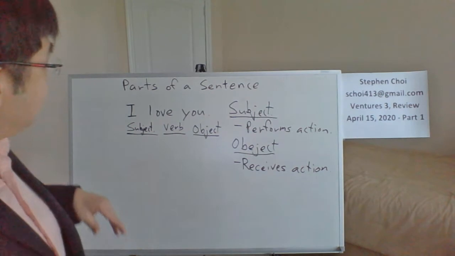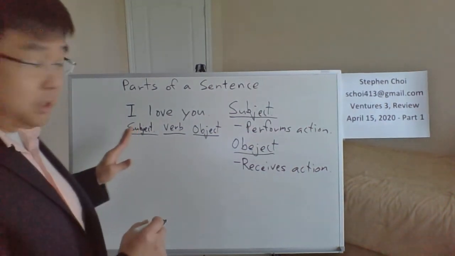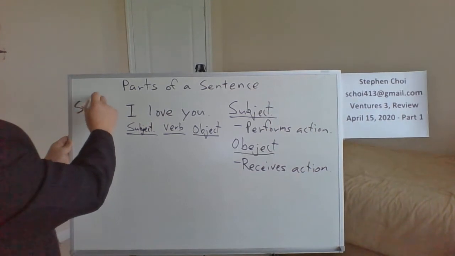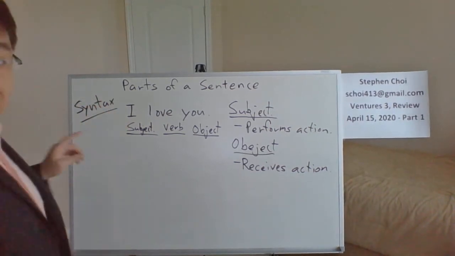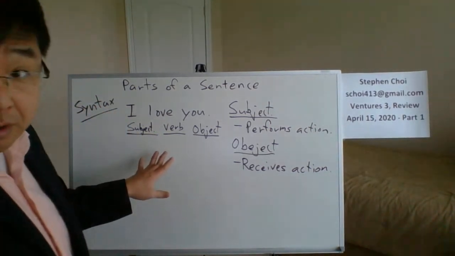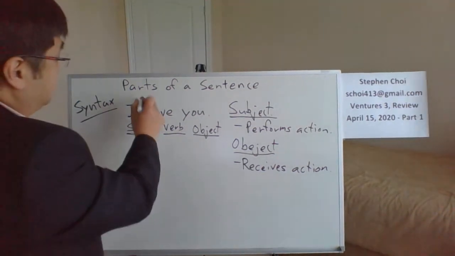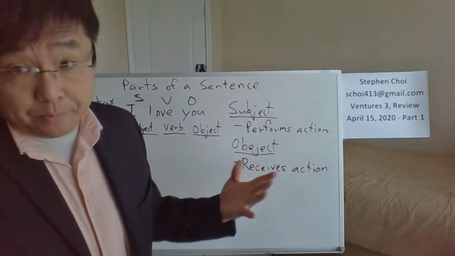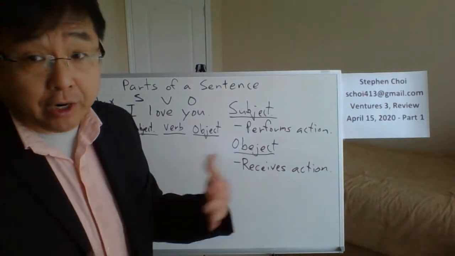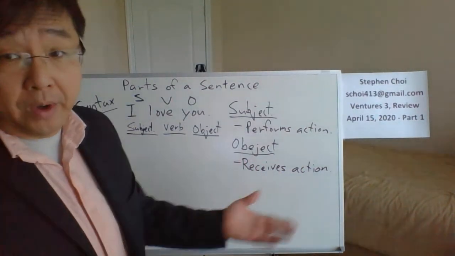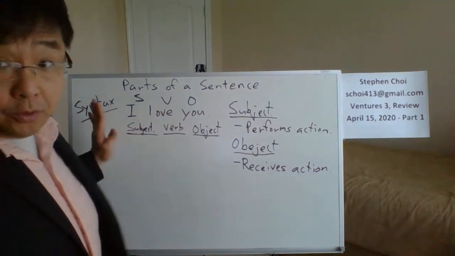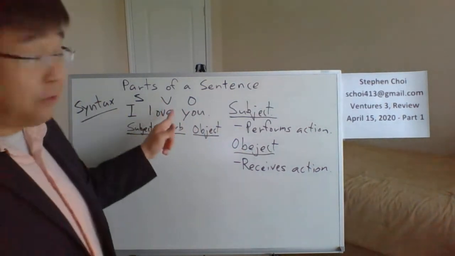Very simple. So in English, the word order, there's a big word for word order, is syntax. Syntax for English is subject, verb, object. That's the normal order. That's how most people write and speak. Unless you're trying to write a poem or trying to be poetic, the normal way English flows is subject, verb, object.